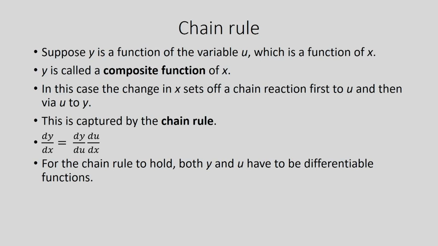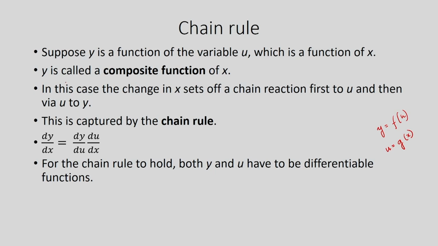Now we talk about something else which is called the chain rule of derivatives. Suppose y is a function of the variable u. So, y is a function of u, right, but u itself is a function of x. Okay.